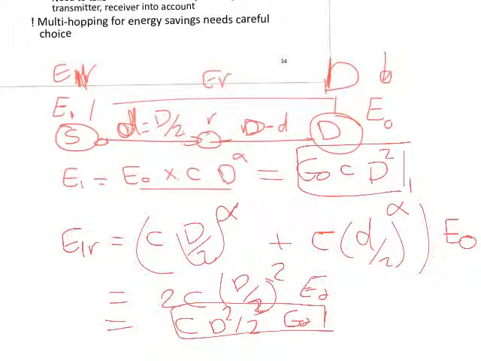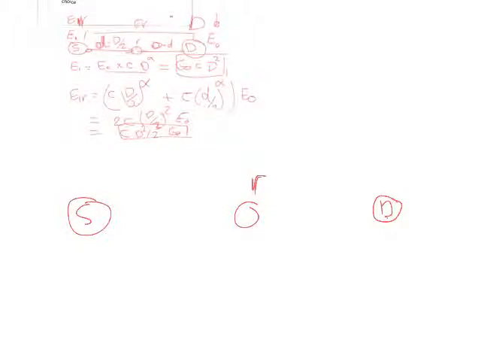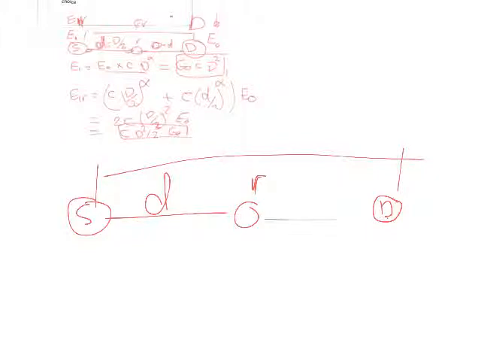So for example, this is the source, and this is the relay, and this is the destination. This is small d, and this is capital D, which means that this is D minus d.